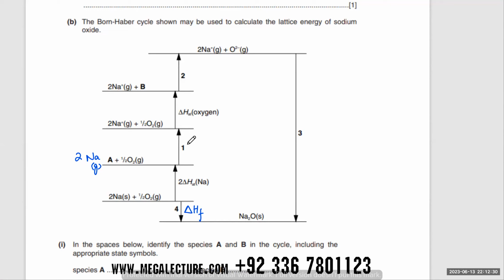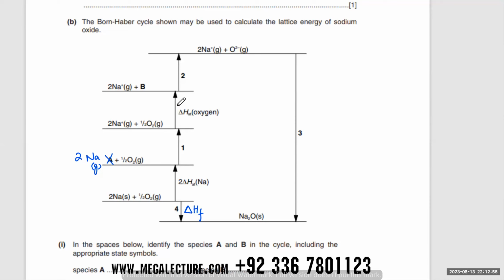What do you think 1 is? Like what happened over here when you went from this point? Ignore A now. What do you think happened in 1? Is it the enthalpy change of atomization of oxygen? Did anything happen to oxygen?